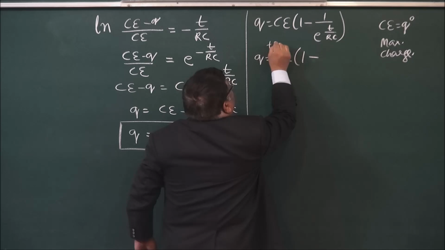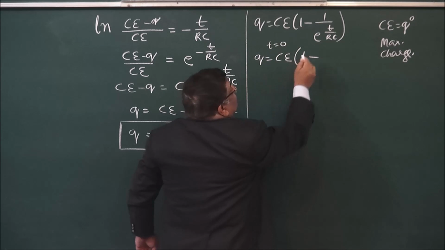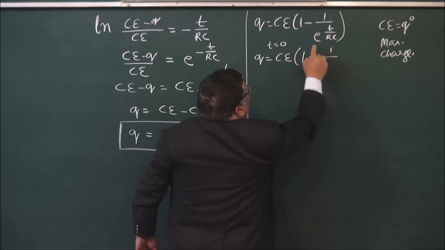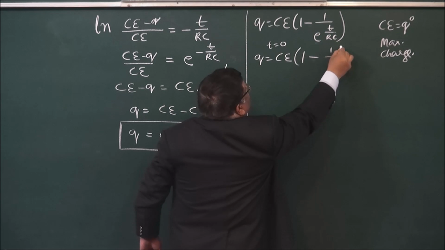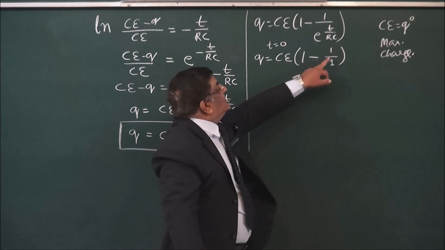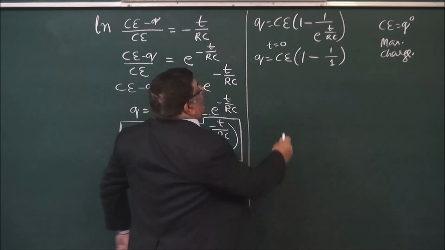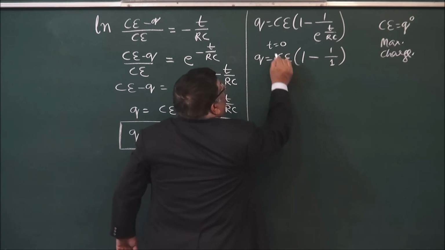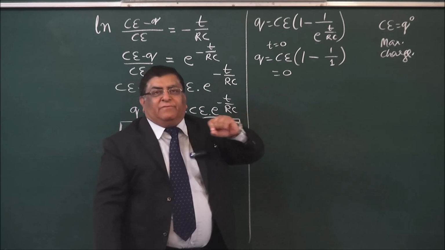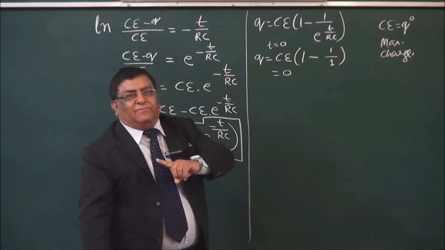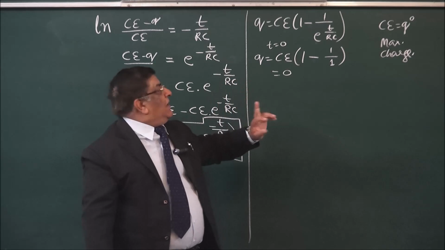So t is equal to 0: 1 minus 1 upon e to the power 0. Anything to the power 0 is 1. So 1 minus 1 is 0. So the charge is equal to 0 when time is equal to 0. Very correct. So when we started, when the time was 0, how much was the charge on the capacitor?